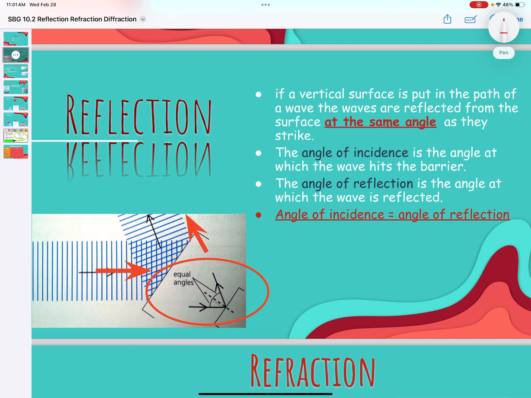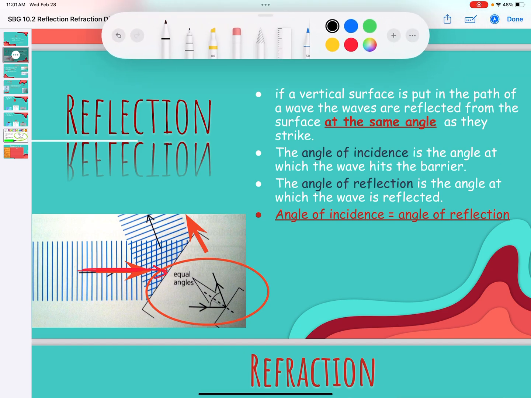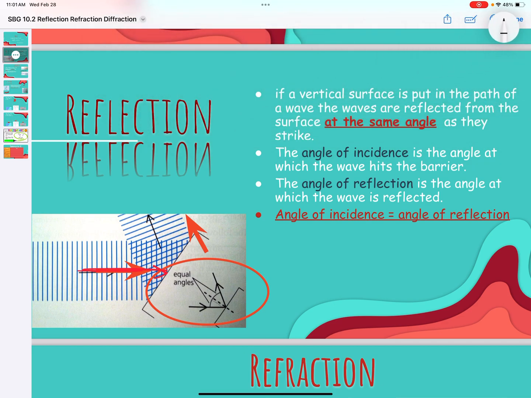And what this means is that if I have an incoming wave, let's say my wave is going this way, and let me switch my colors here so you can see that a little bit better. There we go. So let's say I've got an incoming wave down here, and it runs into this wall.